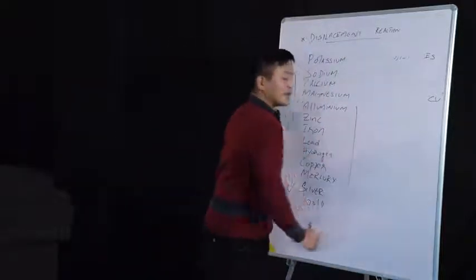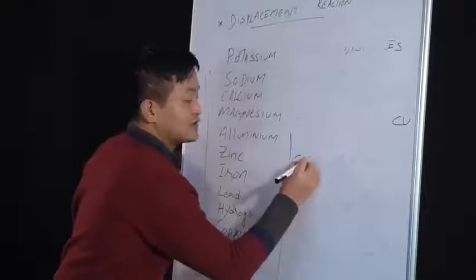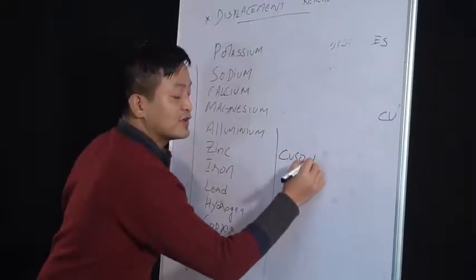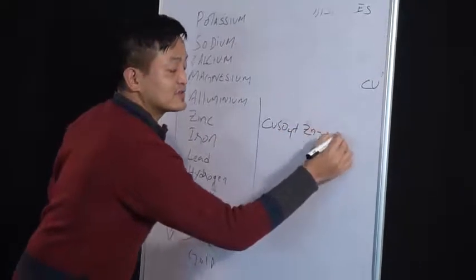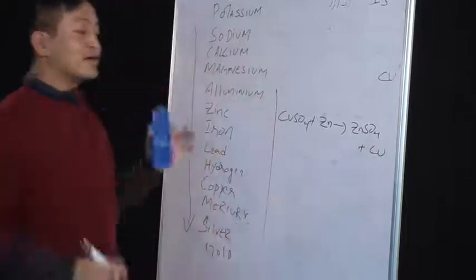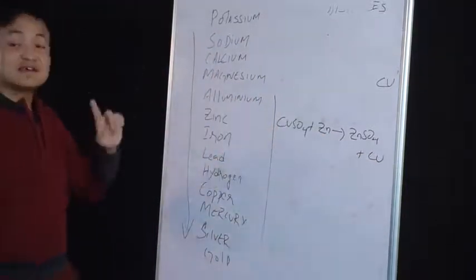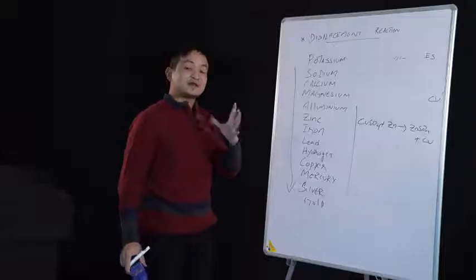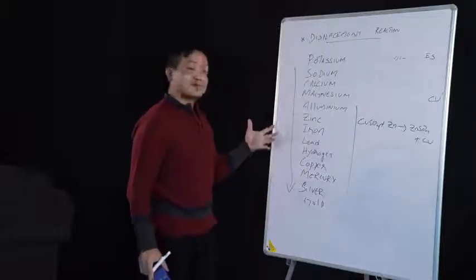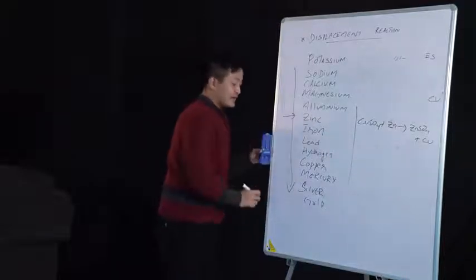So let's go back to the previous equation which I gave you, which was copper sulfate reacting with zinc, giving zinc sulfate and copper. Here, zinc was able to displace copper because zinc is more powerful, let's say, to make it simple. Zinc is higher in position than copper.